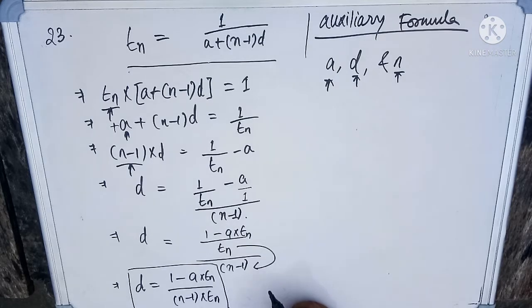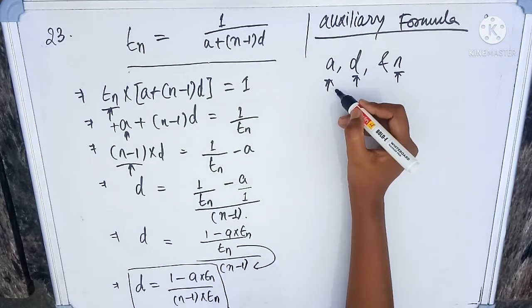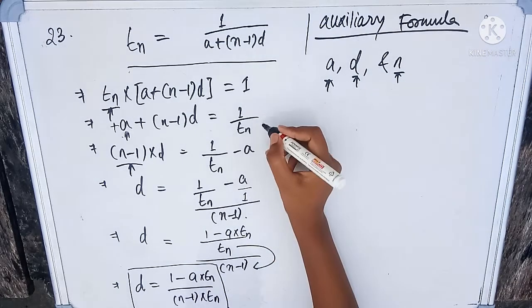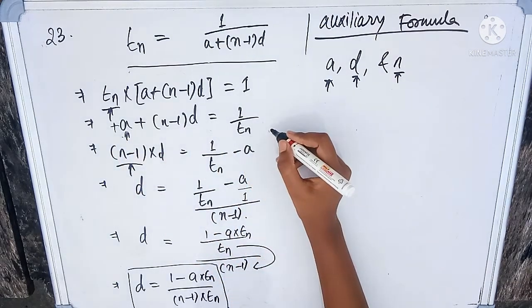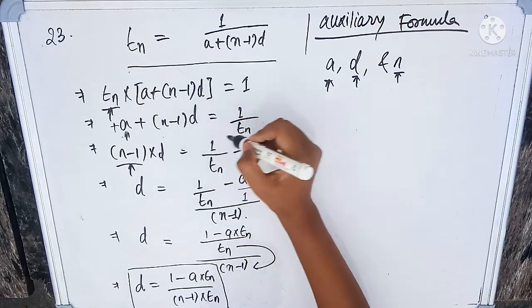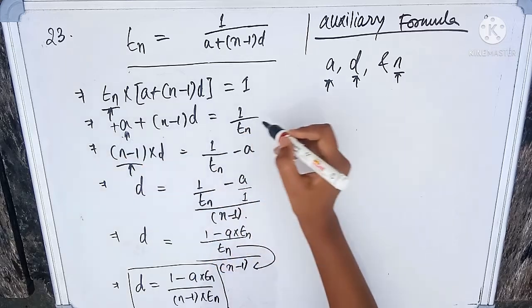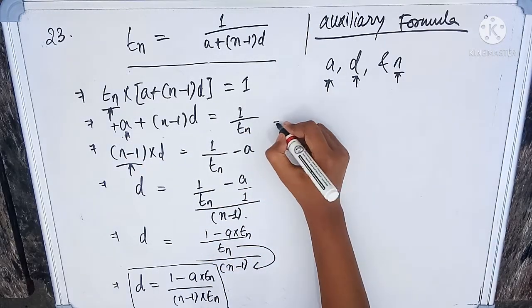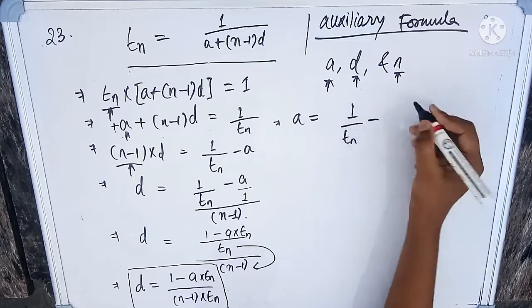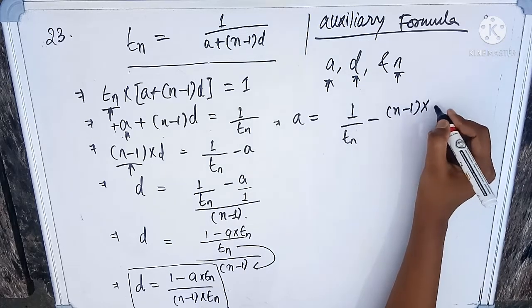Now next we will make a the subject and find another auxiliary formula. So for that we will move forward from this step. You can see that here we have to transfer this n minus 1 multiplied by d to the other side to find a as the subject. We can write it as a is equal to 1 divided by t of n minus n minus 1 multiplied by d.